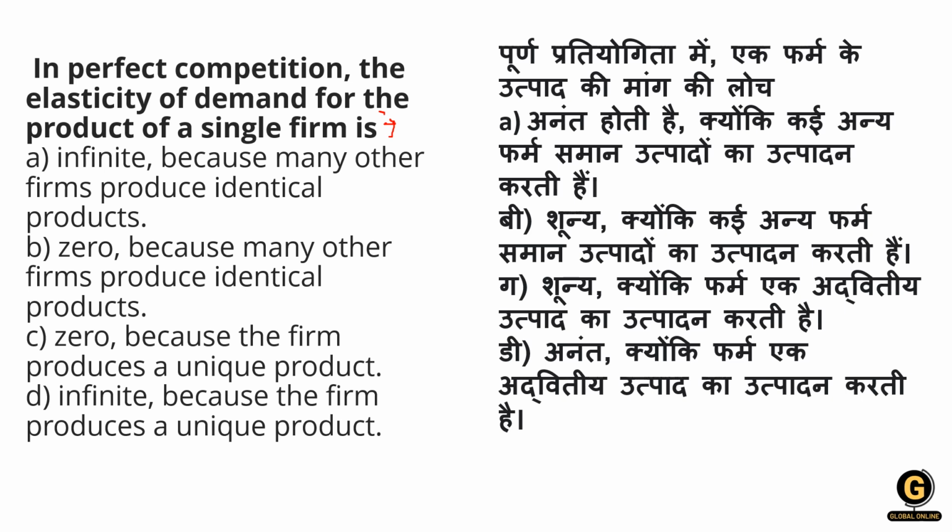As we know, in perfect competition there are many firms working on a single, identical product. So our answer will be option A, because it will be infinite, since many other firms produce identical products.